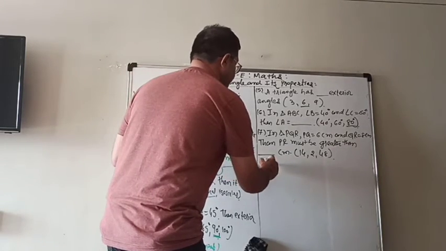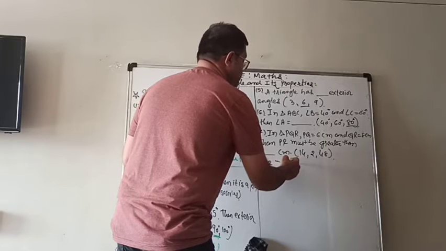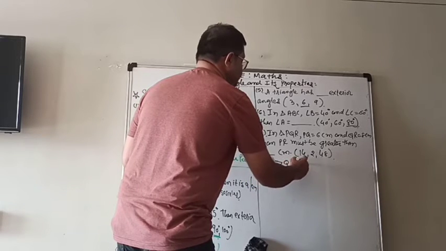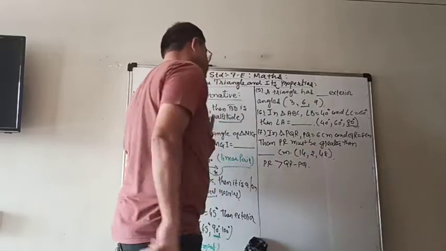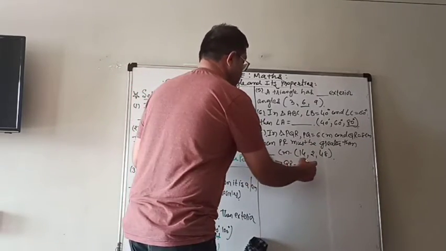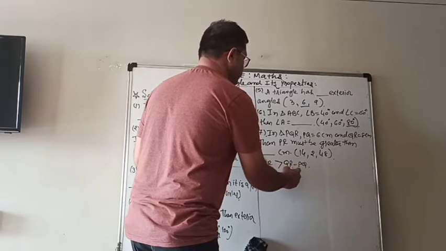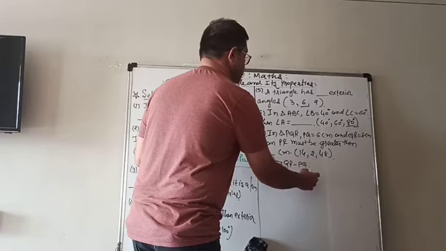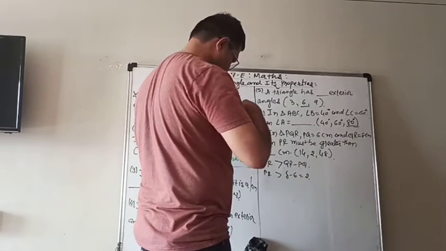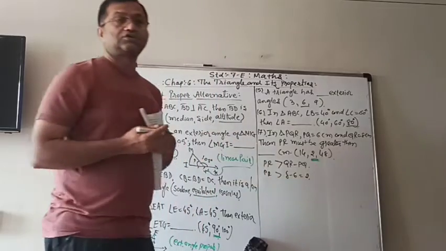So now we know that PR is greater than QR minus PQ, that is greater than 8 minus 6, that is 2. So the answer is that it must be greater than 2 centimeter.